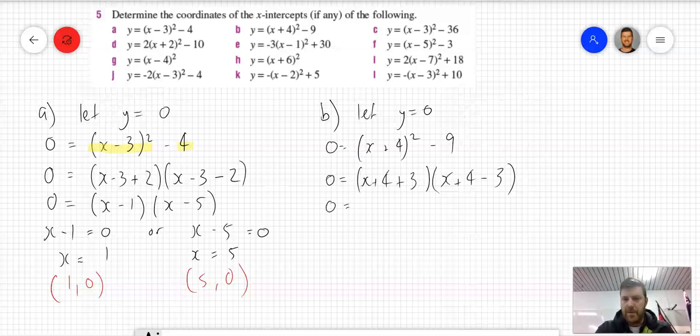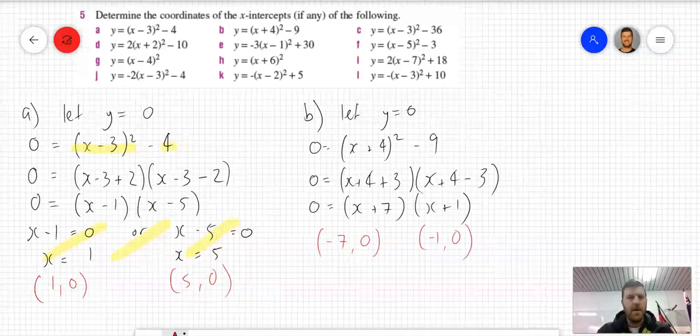Collect those like terms inside the bracket, so the 4s and the 3s: x plus 7 and x plus 1. I'm going to skip this part here and just tell you that the x-intercepts are minus 7, 0, and minus 1, 0.